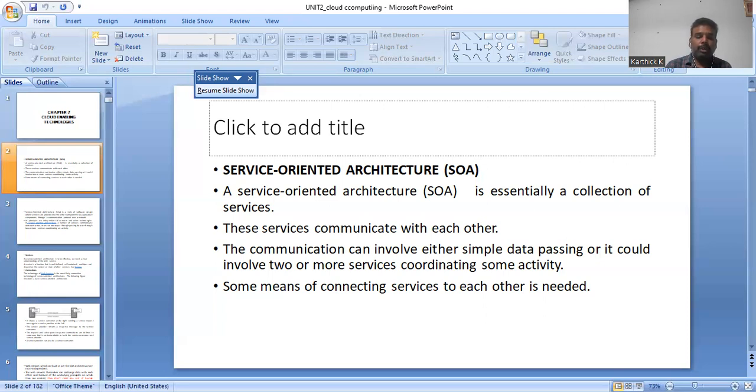For that, we use a messaging protocol, that is SOAP, simple object access protocol, and the data format will be XML, extensible markup language. So these are the important 4 layers in cloud computing: business process, quality of service, description, and messaging. This is the common architecture protocol.